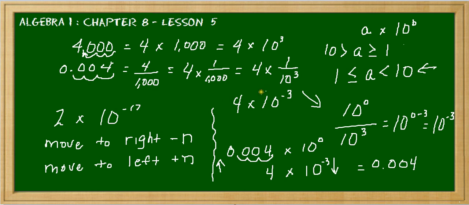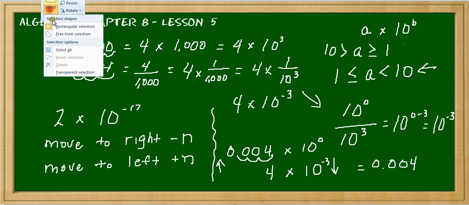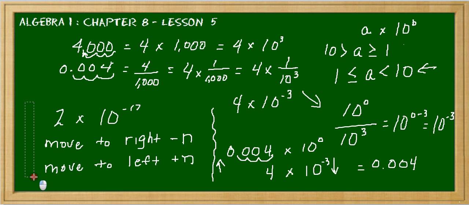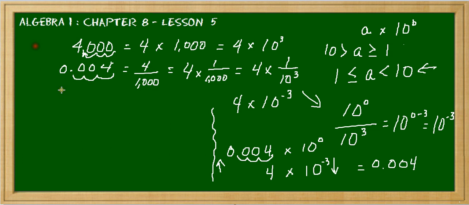Let me clear up the board here. It's simple multiplication, and we can use a simple example. Let's say we're multiplying, get my pen back, oh, my pen is much thinner.